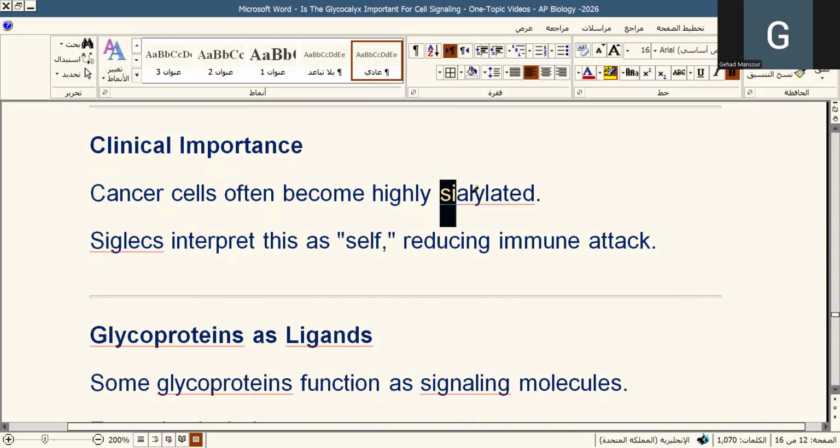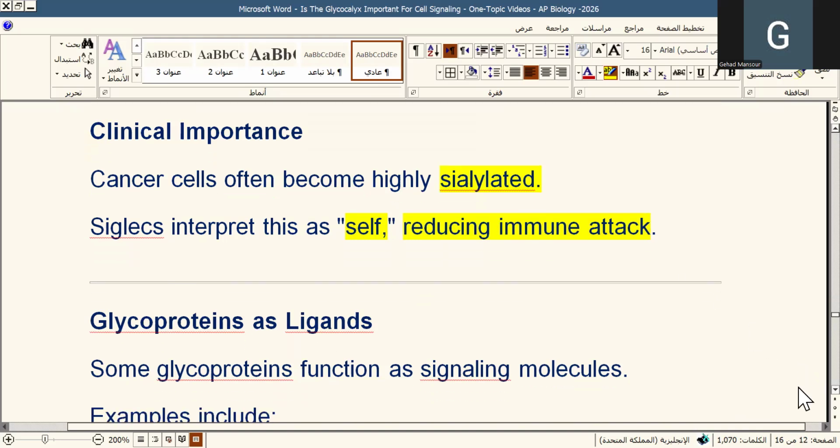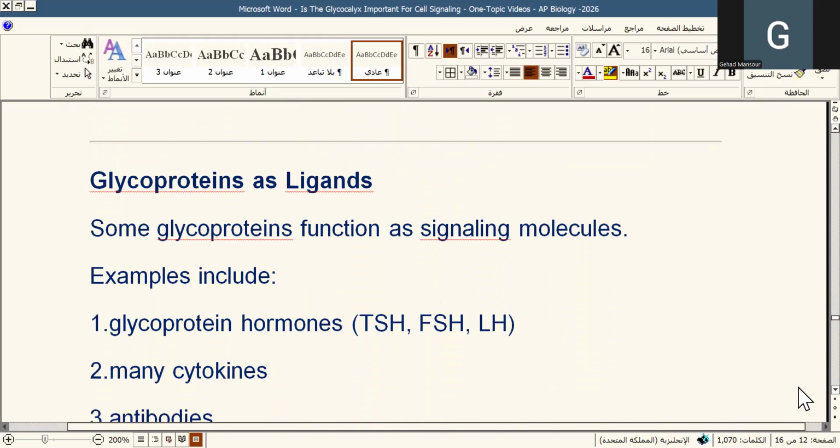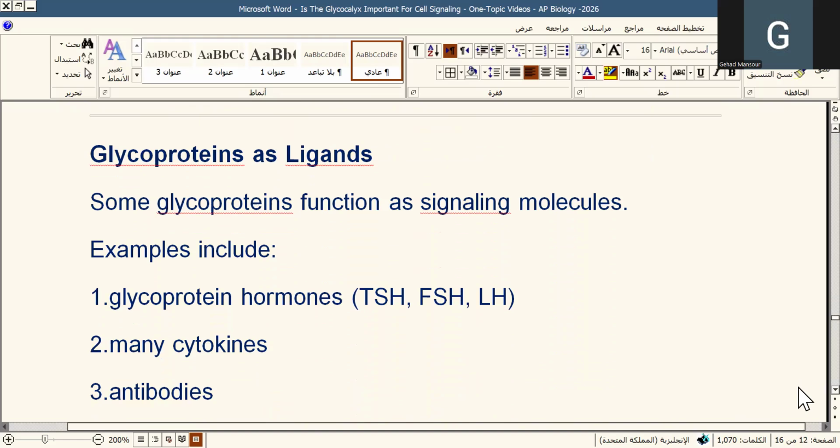They have a huge amount of sialic acid, and therefore they trick the immune system because the Siglecs will interpret this heavy sialic acid density on the surface of the cancer cells as self, and therefore they will reduce the immune attack instead of attacking those stressed out abnormal cancer cells.